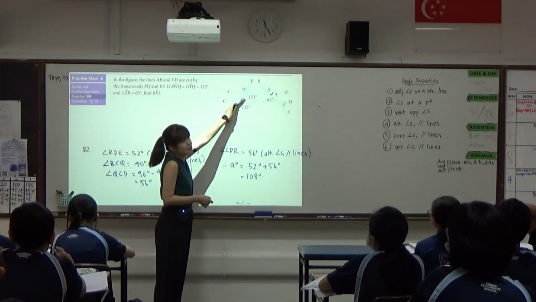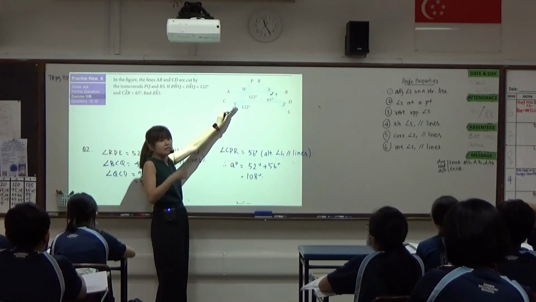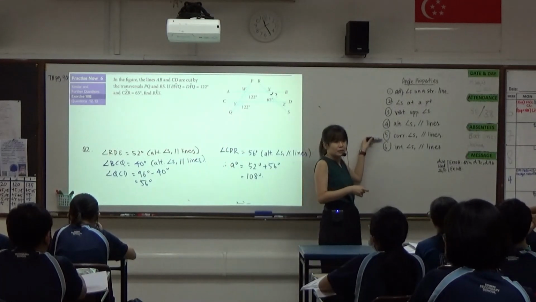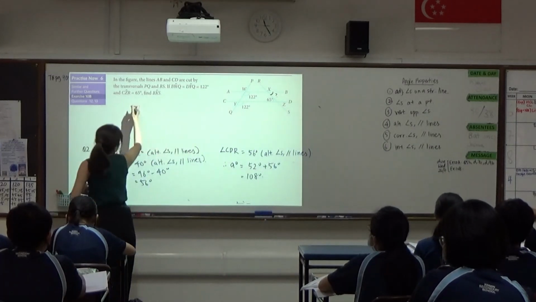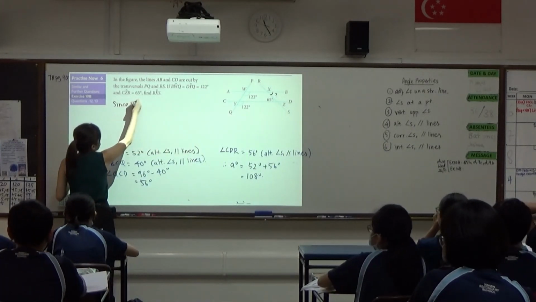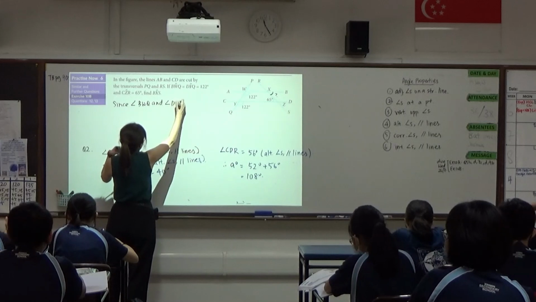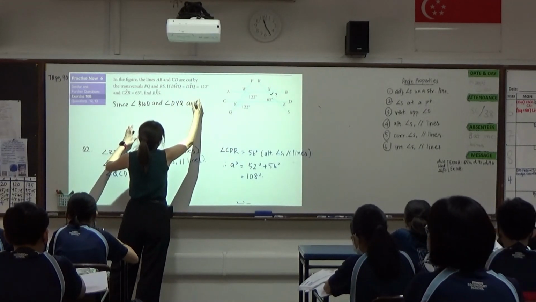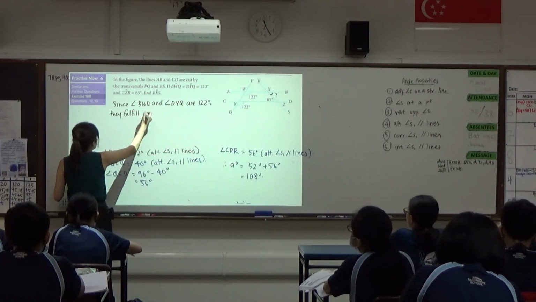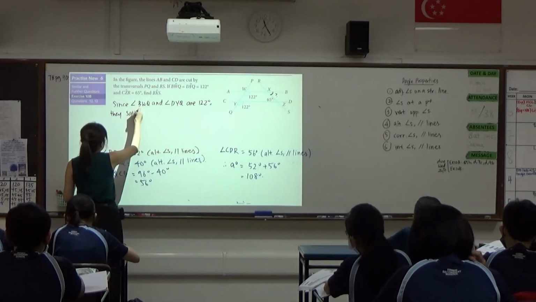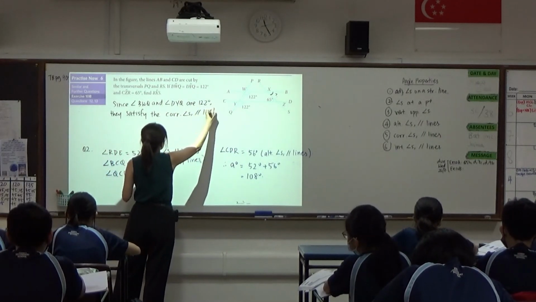Because we see that down here and down here, there are corresponding angles, they are equal. Because they fulfill this property, we can conclude that AB and CD are parallel lines. So, since angle BWQ and angle DYQ are 120 degrees, they satisfy the corresponding angles parallel lines property.